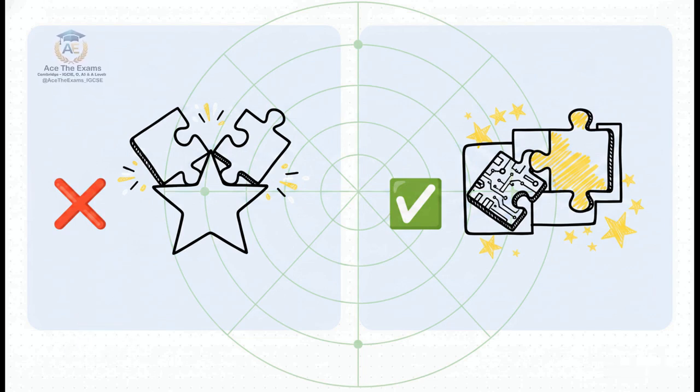It earns 0 marks if the question is actually about a specific embedded device's memory constraints. Now look at the context-specific answer. It says, because the embedded sensor only has X bytes of memory, the 7-bit ASCII representation allows all 128 necessary alphanumeric inputs to be stored without exceeding the hardware limit. Do you see the difference? It links every single technical point directly to the scenario. That is how you get maximum marks.